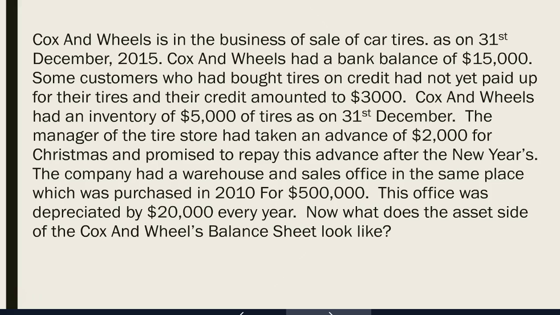The company had a warehouse and sales office in the same place, which was purchased in 2010 for $500,000. This office was depreciated by $20,000 every year. So now, what does the asset side of the Cox and Wheels balance sheet look like?